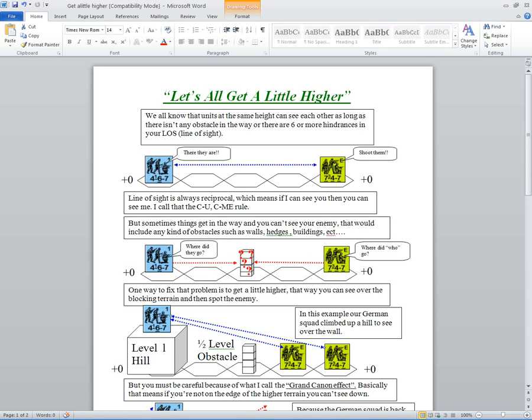We all know that units at the same height can see each other as long as there aren't any obstacles in the way, or there aren't 6 or more hindrances in your line of sight. If you can see a unit, then they can see you as well. I like to call that the see you, see me rule, where if one unit can see another, the other unit can see it back.